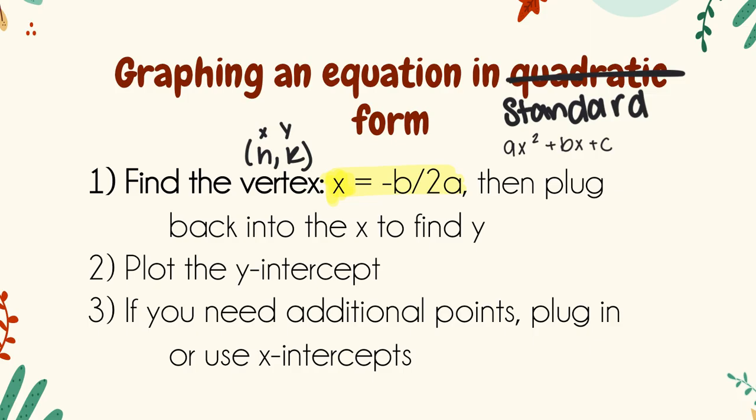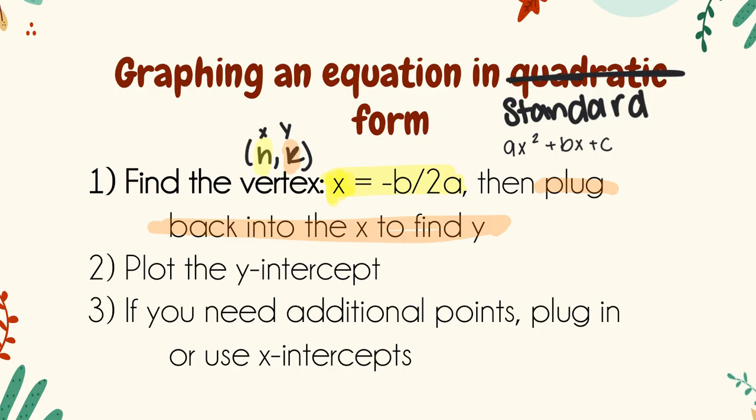Once you get that answer, you're going to take that x value and plug it in for x to solve for your y or your k. So again, it just matters what your values are in order to solve that way.